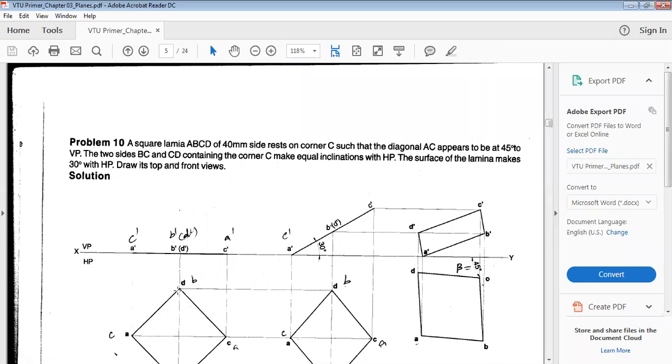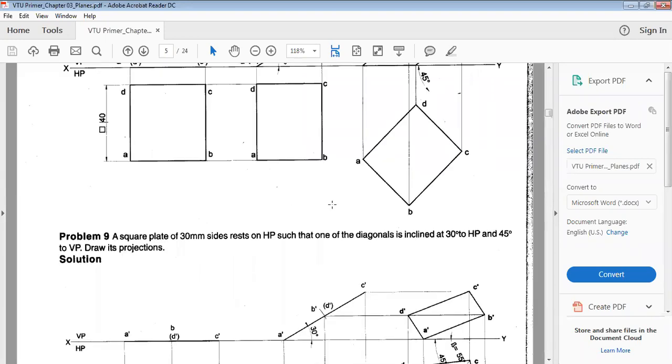So this is your BC and this is your CD, containing the corner, makes equal inclination with HP. For example, if you measure with respect to XY, it is making equal inclination. If it is equal inclination also, then it is supposed to be a corner only. If you place it horizontally, like the previous one, you cannot. So what is given?